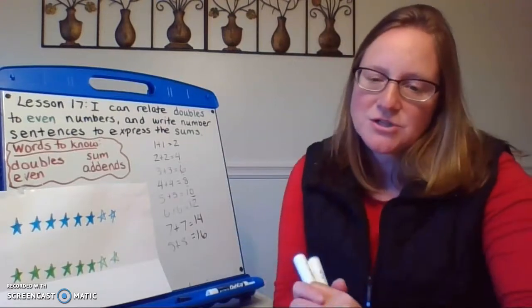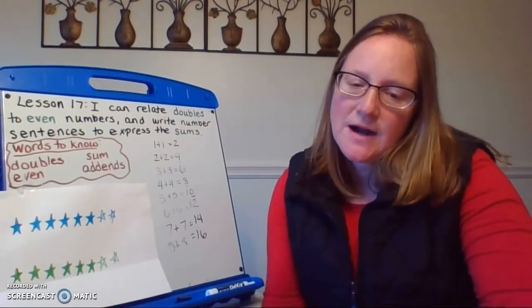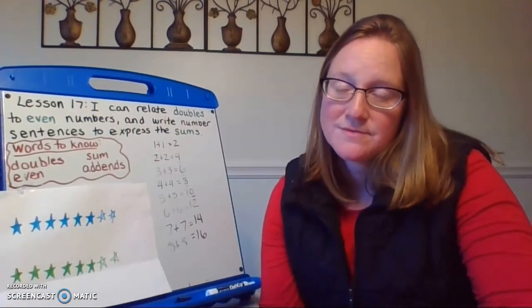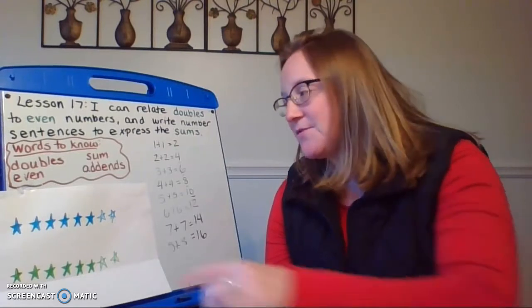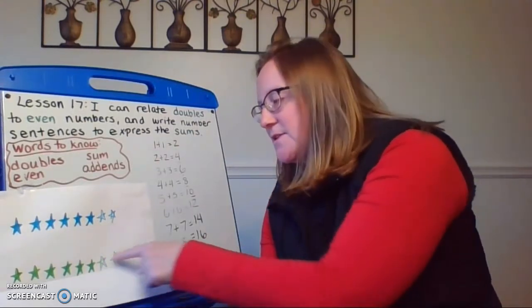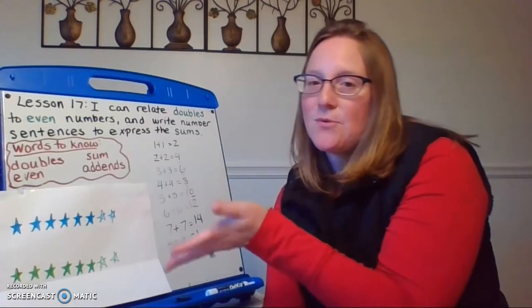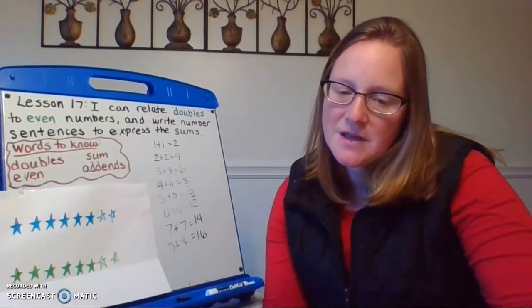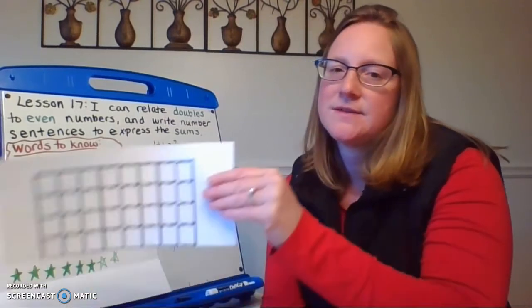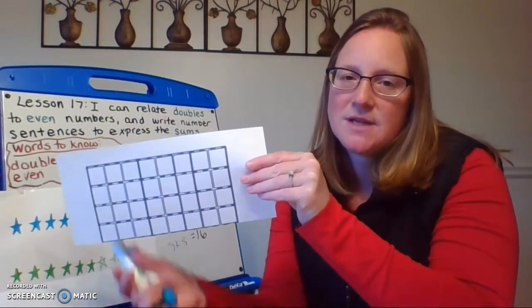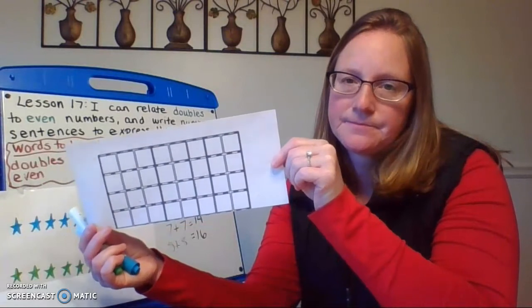So let me ask a couple questions. Does it matter how many are in each group? It does, right? Because if I don't have the same number in each group, I won't have an even number. Can you just look at an array? So if I had this picture of an array, can you tell that it's even?